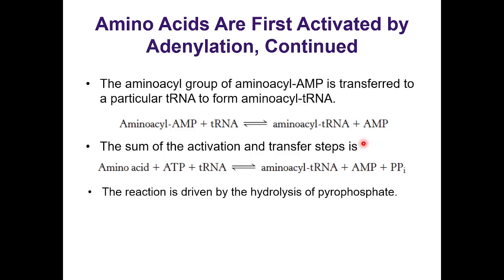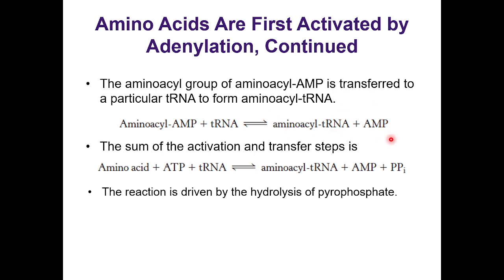Okay, so the aminoacyl group of your aminoacyl AMP is going to be transferred to a particular tRNA. This is going to form the aminoacyl tRNA. Again, that tRNA will have the correct anticodon that matches that amino acid specifically. But for now, we're not looking at specifics. We're looking at the overall. And so this will give you the aminoacyl tRNA.